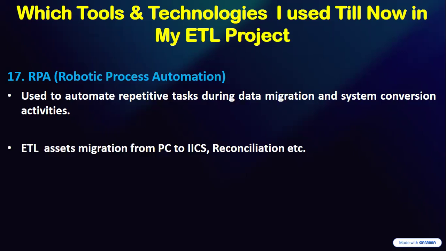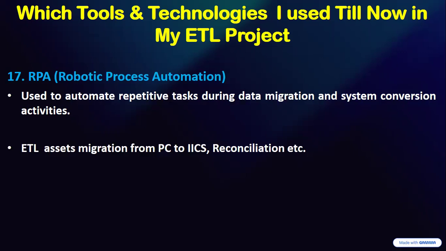Apart from this, there are other tasks that can also be done by the RPA tool, namely reconciliation. Once your code gets converted from PowerCenter to IICS with the help of the RPA tool, you can compare your developed code with your PowerCenter code, to check whether the codes are matching or not.